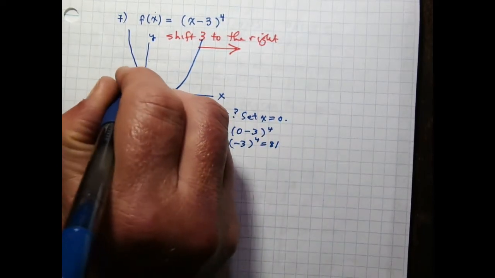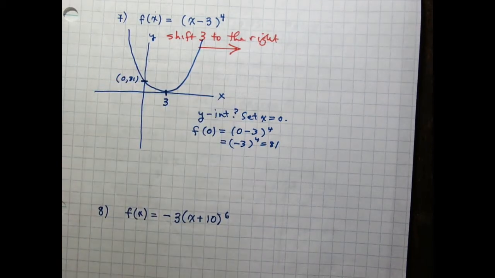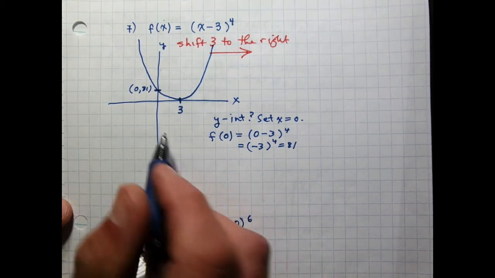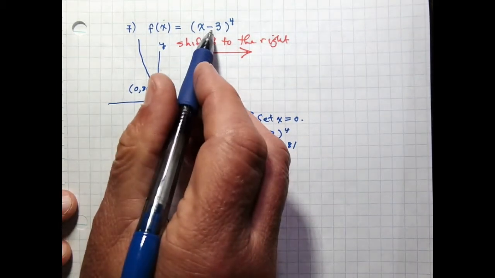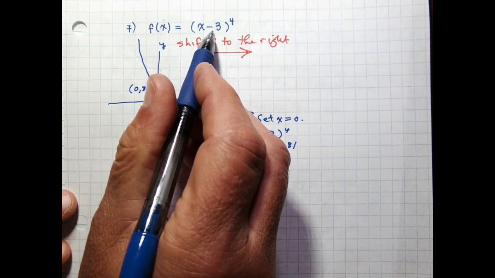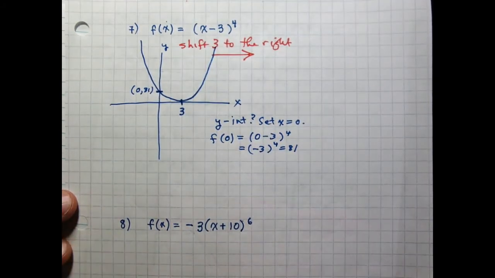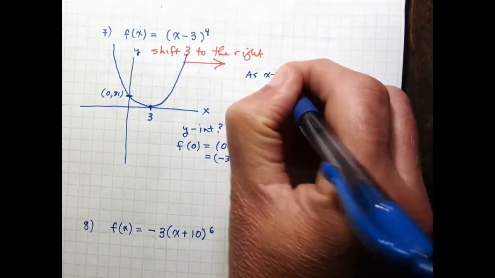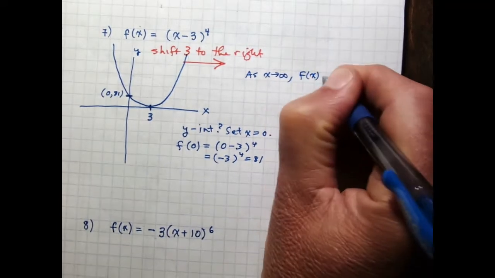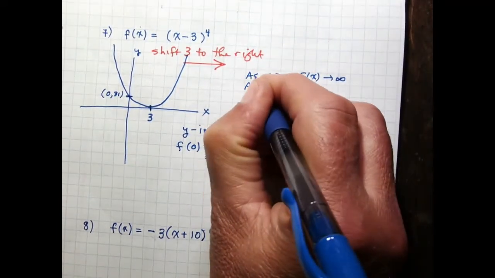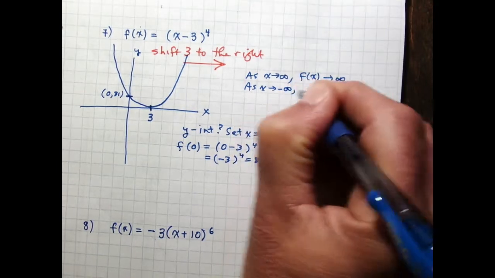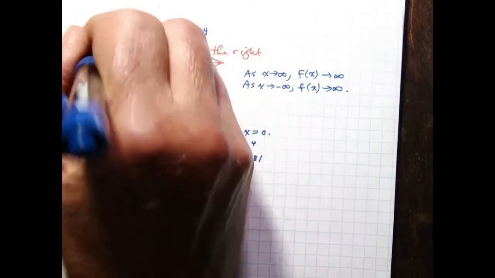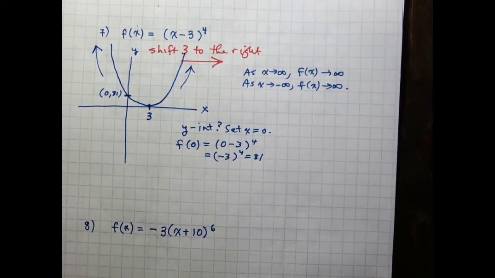So that's actually the point (0, 81). Again, I have a very different scale on my y-axis than my x here. The x-intercept is just 3 because that represents the horizontal shift. And now end behavior: as x approaches infinity, f of x approaches infinity, as x approaches minus infinity, f of x approaches infinity, representing the fact that we're rising up at each end.